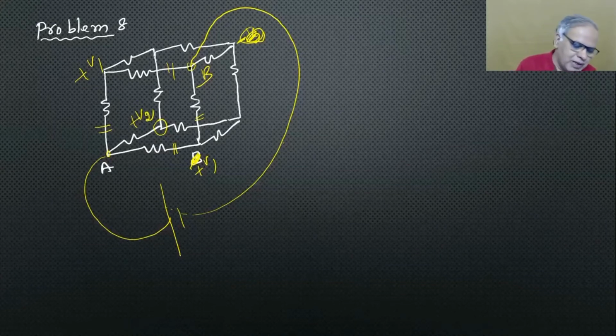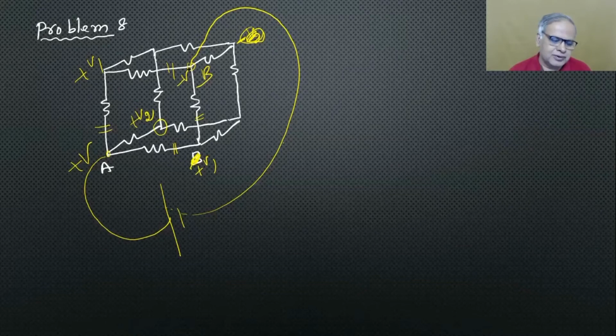This is our plus V, minus V. I did not put. This is plus V over. This is our minus V. So what shall we do? Plus V1, plus V1, plus V2.